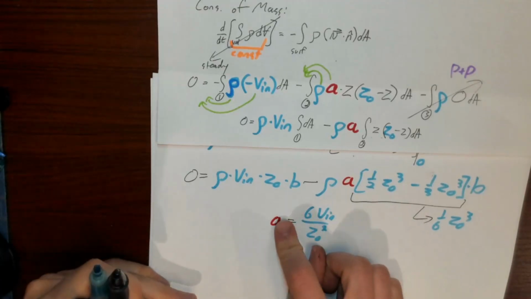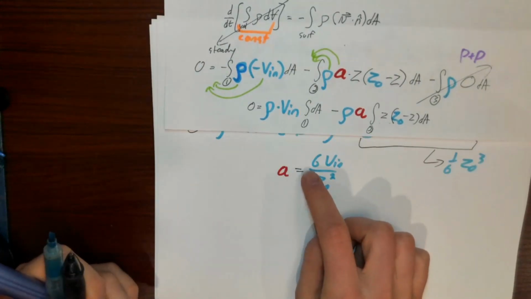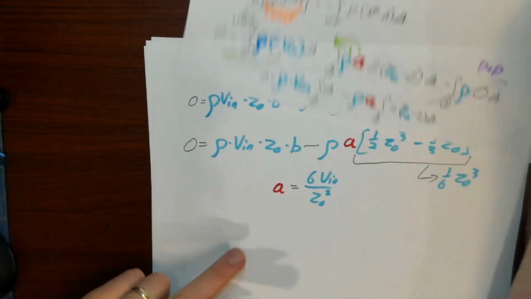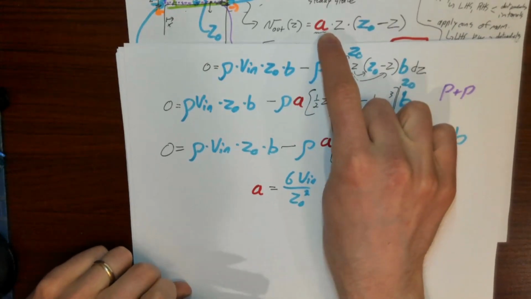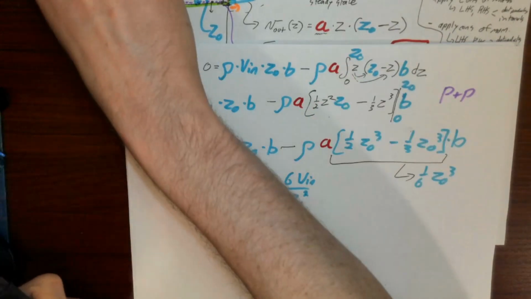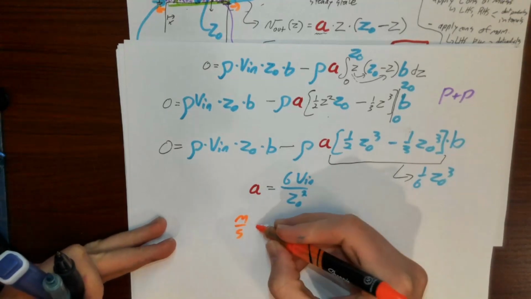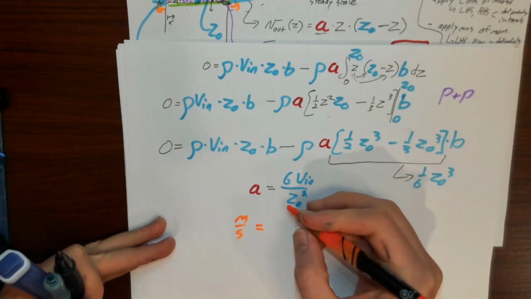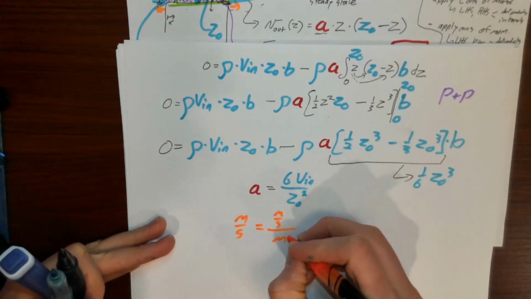So a sensible thing to do is to check to make sure that A has proper units. If I look at this equation right here for V out and plug in A, V out has to have units of meters per second, and we hope that it has units of whatever the right-hand side has. So A has units of meters per second per meter squared.